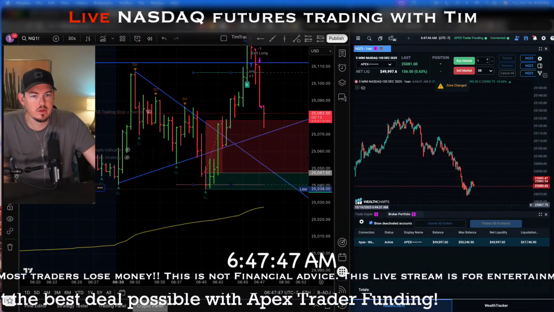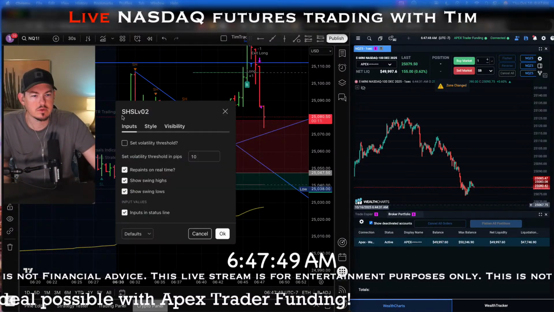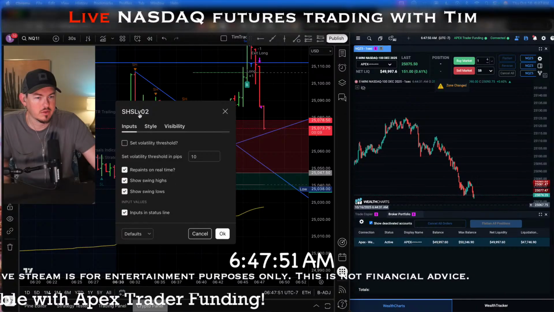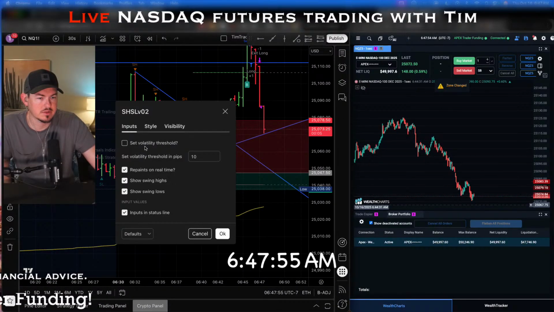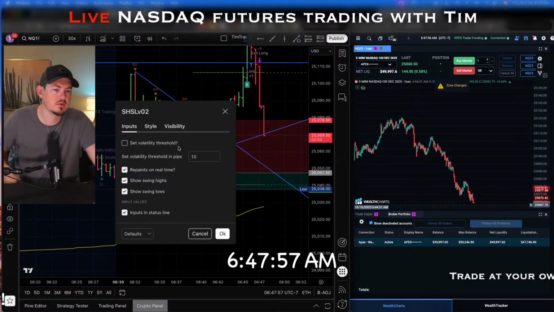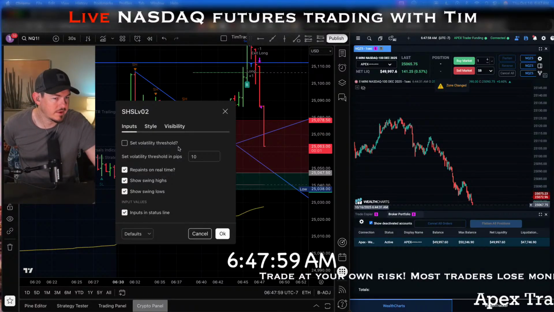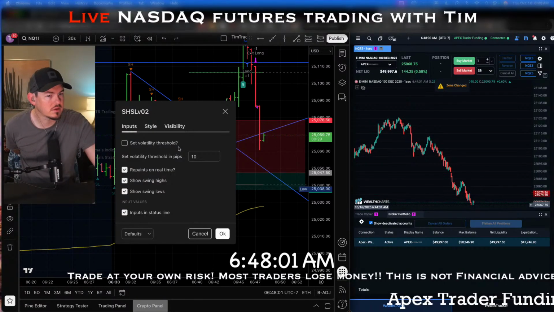So I do have this swing low, swing high, swing low, volume 2 indicator I use, just standard settings. Volatility threshold I don't have activated. Interesting.